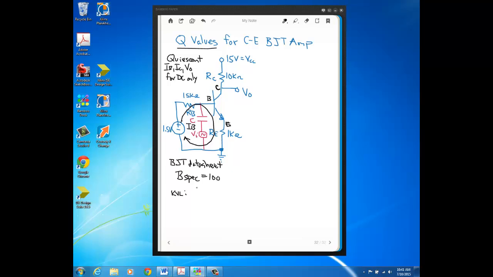Starting at this 1.5 volt source, we're going to have 1.5, then minus 15K IB. Also on this data sheet, we're told that this transistor is silicon, and we need to know that because that will give us what voltage drop we use here for VBE. If it's silicon, our VBE is going to be 0.6. So this is VBE.